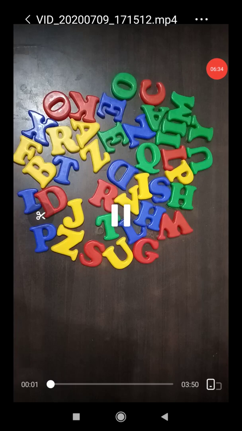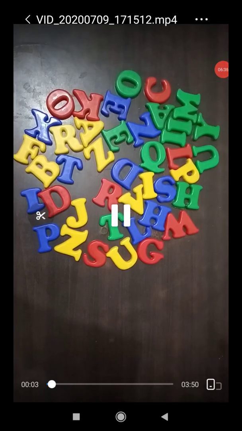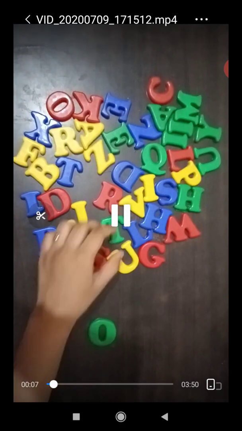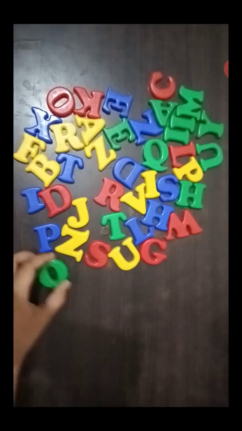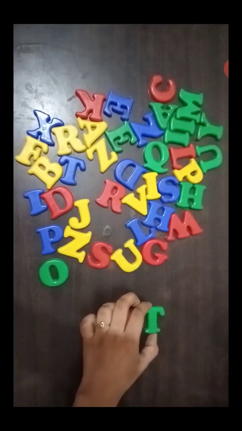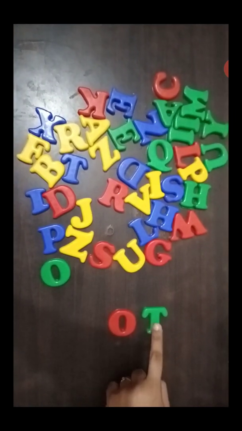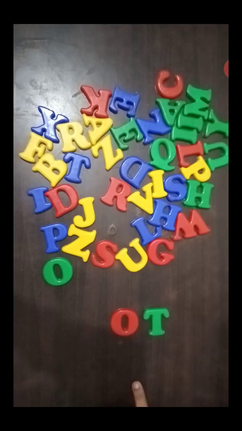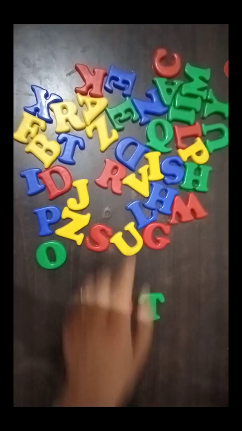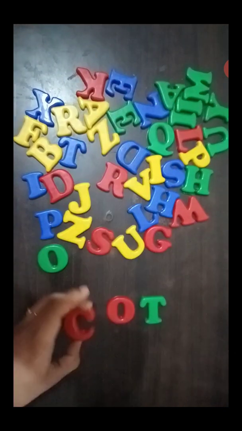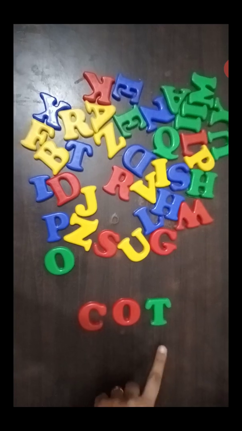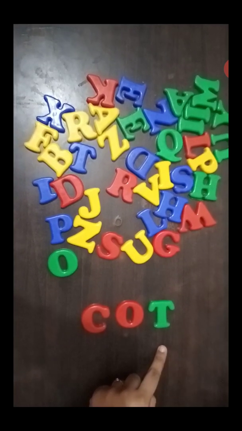Now students, we will make OT family words with the help of these magnetic blocks. O-T, ot. Now students, make the word cot. Find out the letter C. C-O-T, cot.